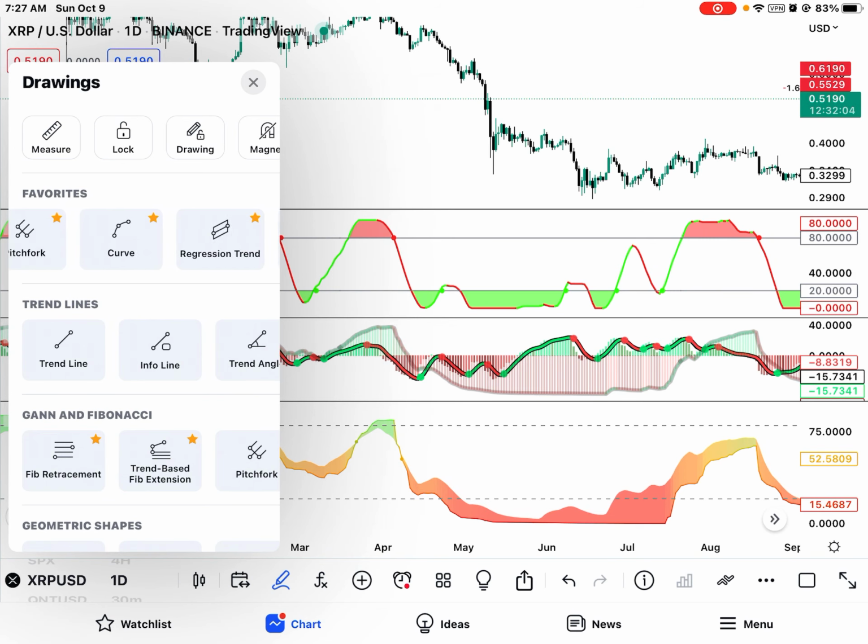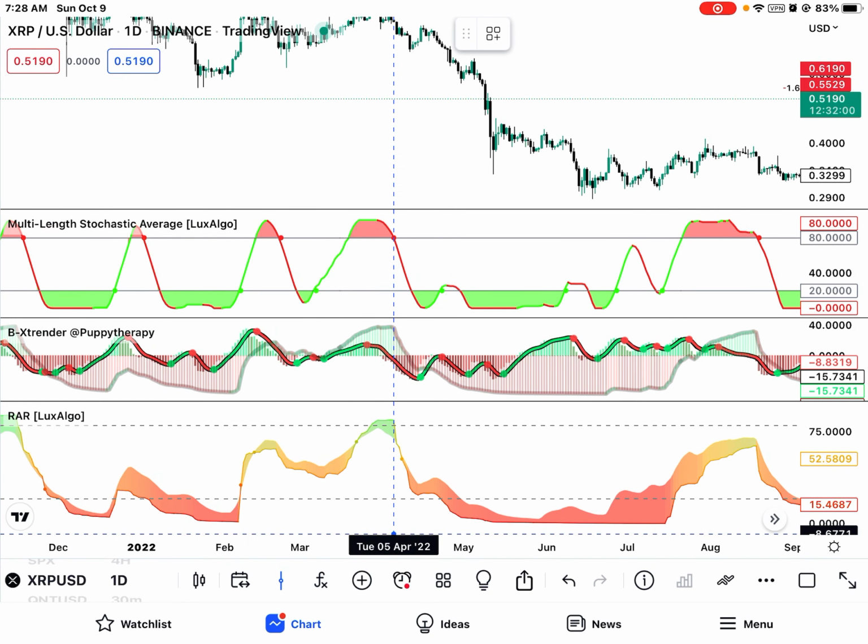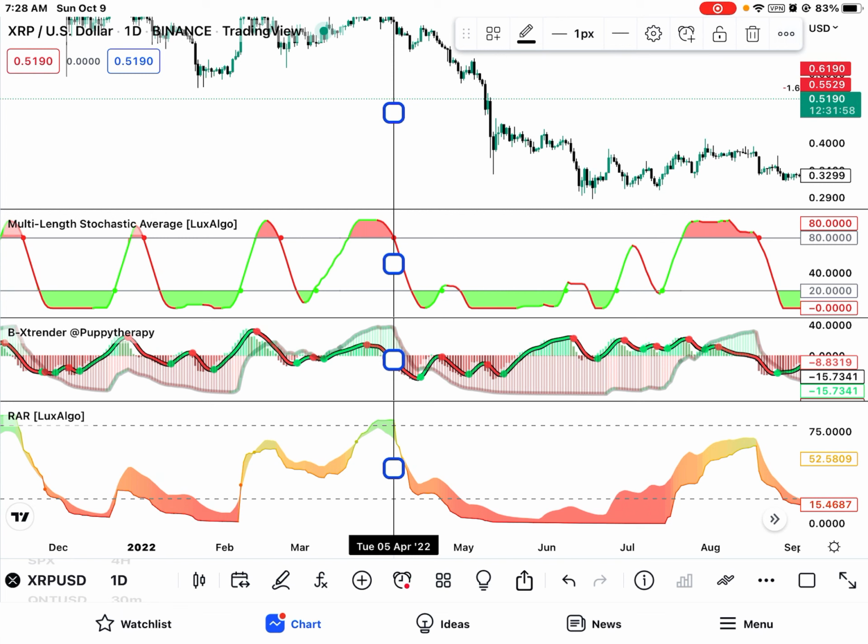So I'll show you what I mean here. Vertical line, okay, over there.